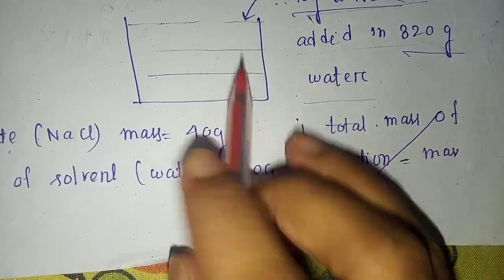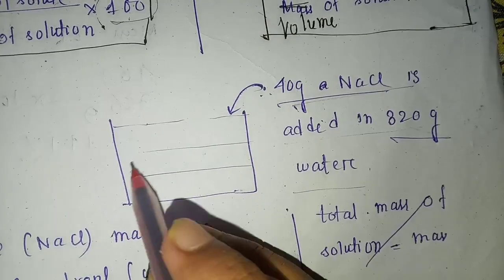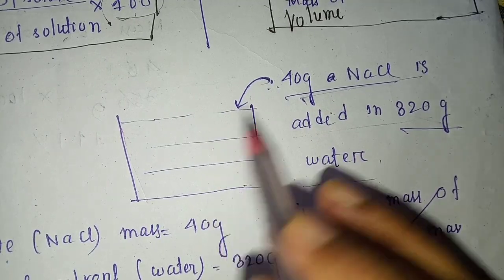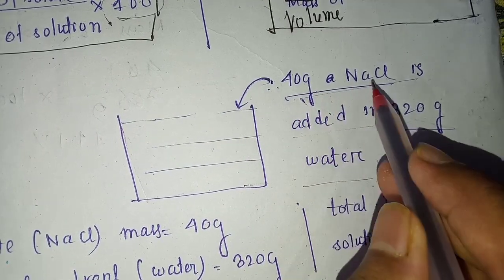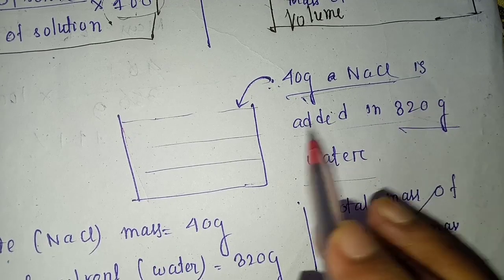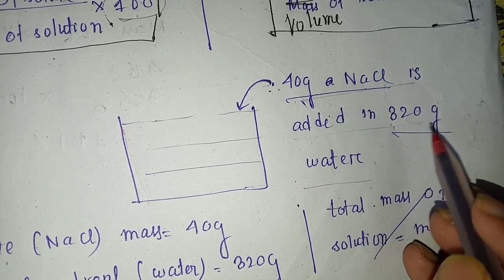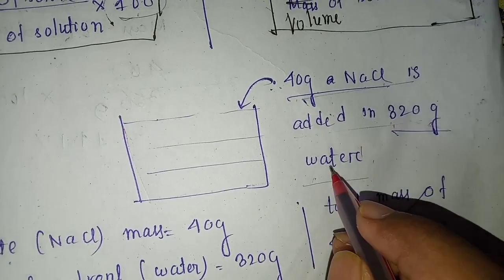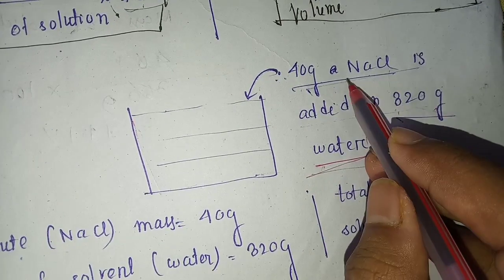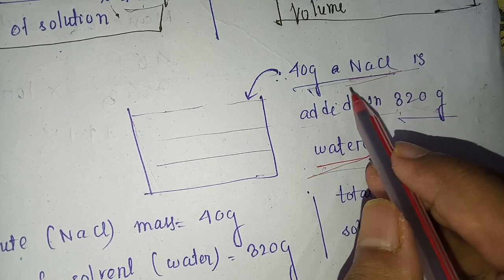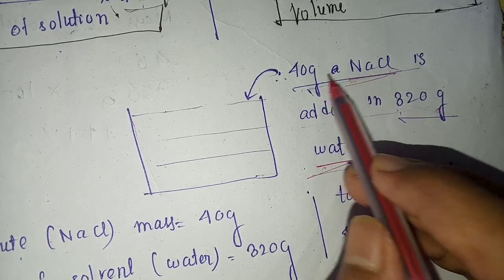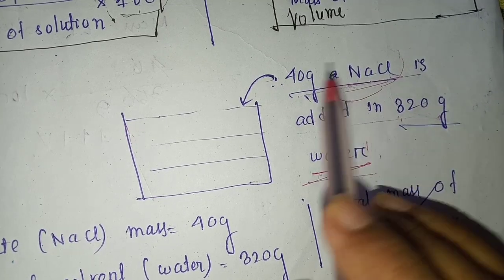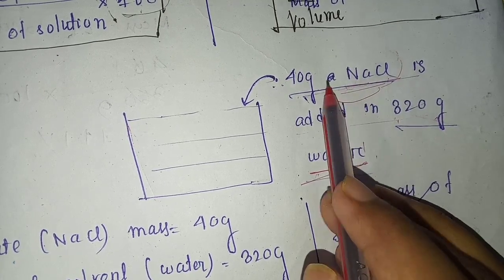Here I have a solution. I have dissolved 40 gram of NaCl in 320 gram of water. So we can easily say that water is my solvent and NaCl is my solute. Why? Because I have added NaCl in water, and the NaCl quantity is less.